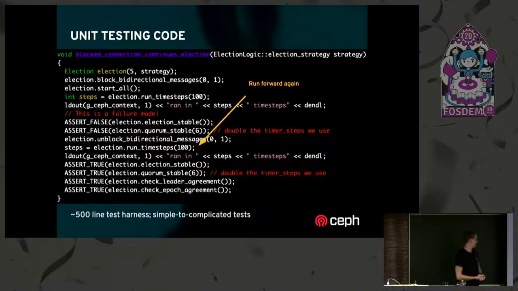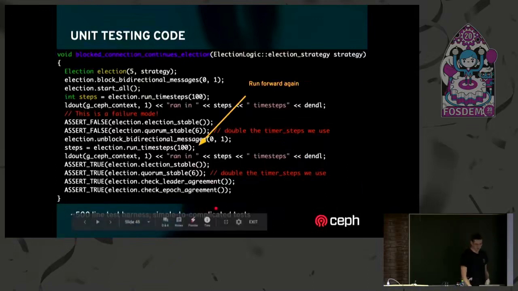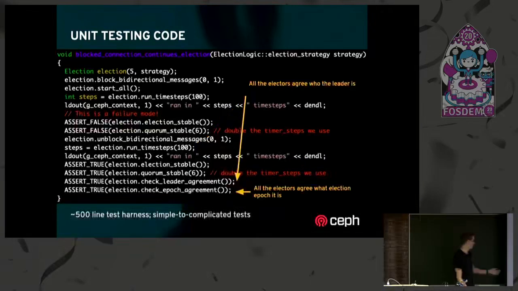But then we unblock the messaging between them, and then we run forward for more time, and we expect that once there's no net split, everything works. And indeed it does. We have a few extra assertions I check here that we want to be really sure that all the monitors agree who the leader is. I can't imagine how they wouldn't, but if they somehow managed to segregate into different groups, or one of them lied, then that would be bad.